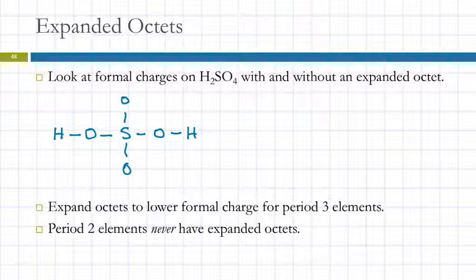So counting up electrons, the sulfur has 6, and there's 4 oxygens. They each have 6 electrons, and 2 hydrogens, each with 1 valence electron. So that's what, 32?